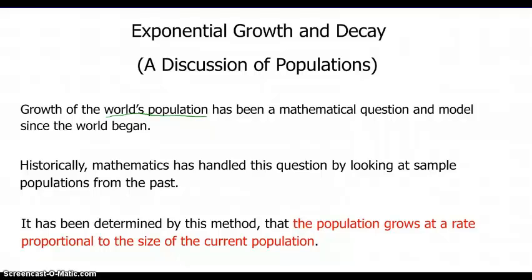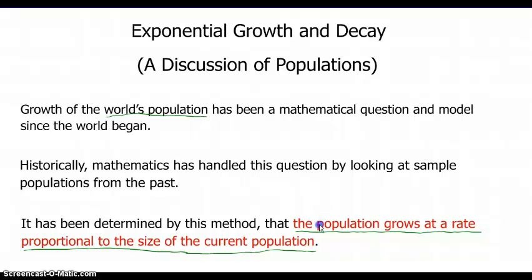So the growth of the world's population has been a mathematical question and model forever. Historically, mathematicians have handled the question by looking at sample populations from the past to get an idea of what might happen in the future. And it was determined by this method that populations, human or otherwise, as long as it's of something alive, grow at a rate proportional to the size of the current population.